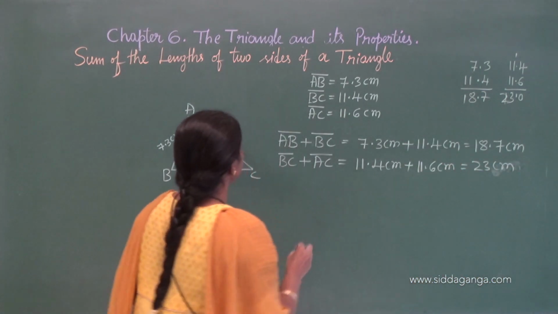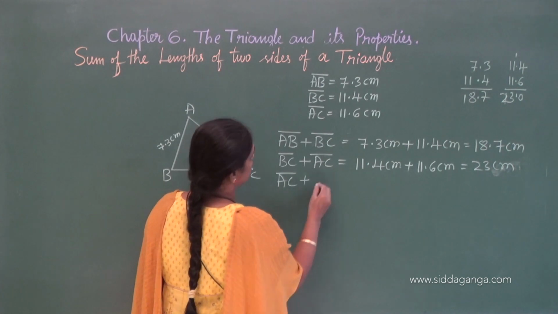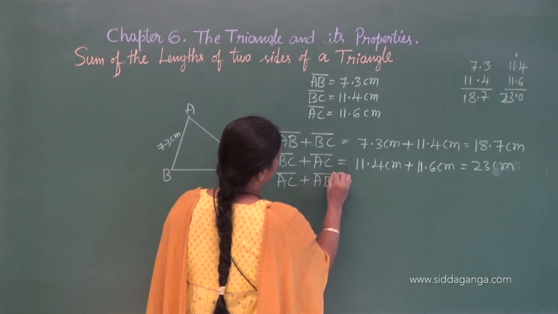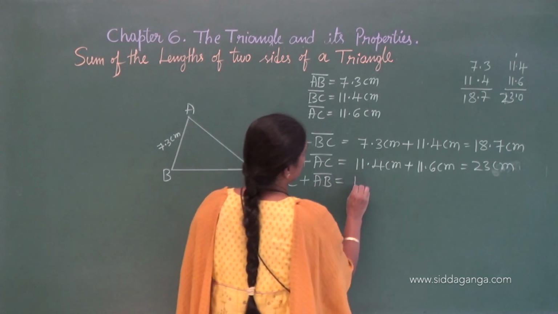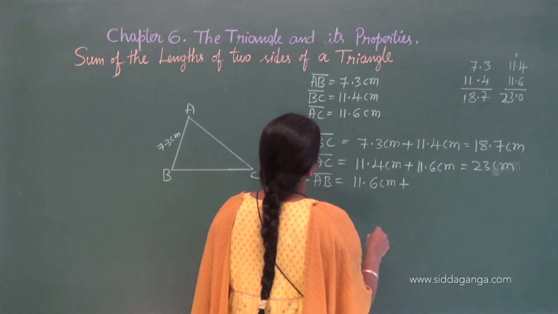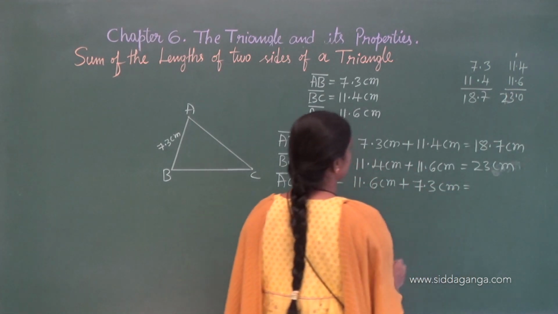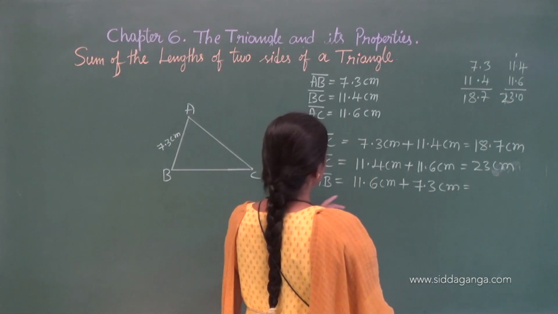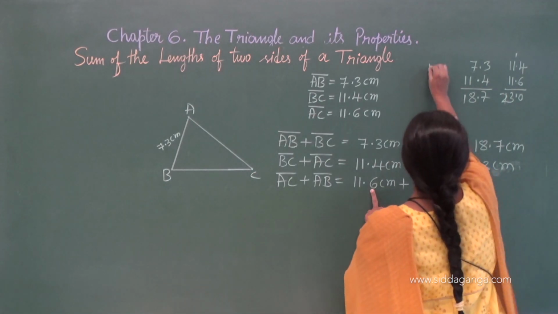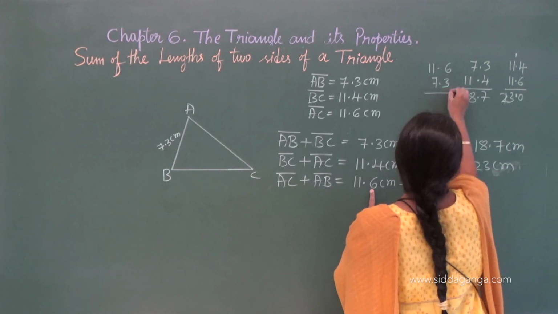Okay. Let's find the sum of the lengths AC and AB, that is equal to 11.6 centimeter plus 7.3 centimeter, that is equal to 11.6 and 7.3.